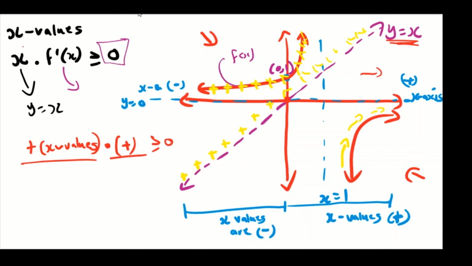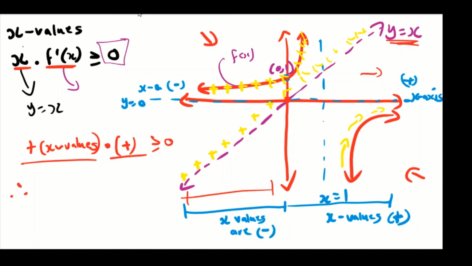And if you were to include the negative x values, then you will need a point where the graph is decreasing to get a positive solution of y. But in this case, we're not interested in that. We're just looking at x values that, when multiplied with the gradient, give you a solution of y greater than or equal to 0.